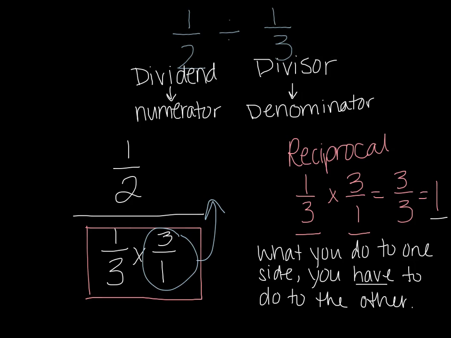Now, this does not mean that I multiply it by its own reciprocal. I would not do this. No, no, no. Erase, erase, erase. We don't do that. We are multiplying it by the same fraction, this guy right here. So in my numerator, I'm going to do 1/2 times 3/1, because what I did to one side, I did to the other.